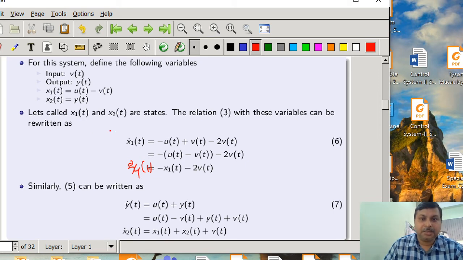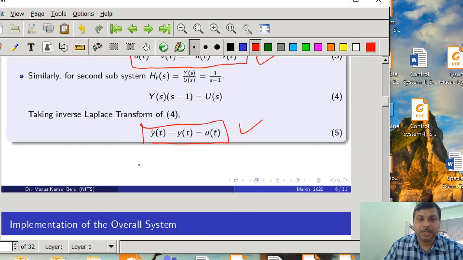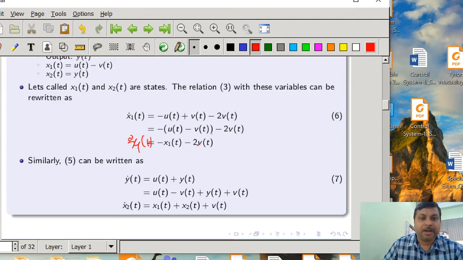Similarly, equation number 5, y dot t minus y(t) equal to u(t), we write as y dot t equal to u(t) plus y(t), and then again we write minus v(t) and plus v(t). So u(t) minus v(t) is x1, y(t) we have defined as x2, plus v(t).